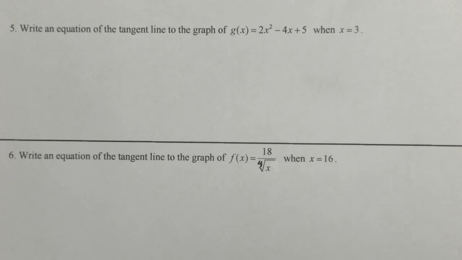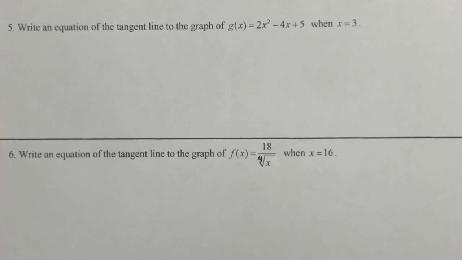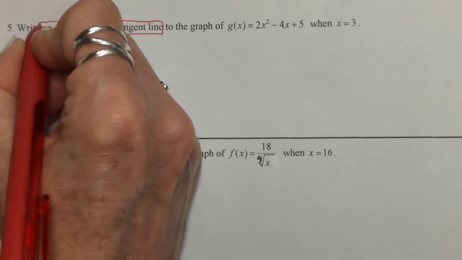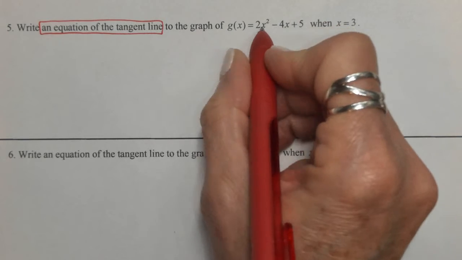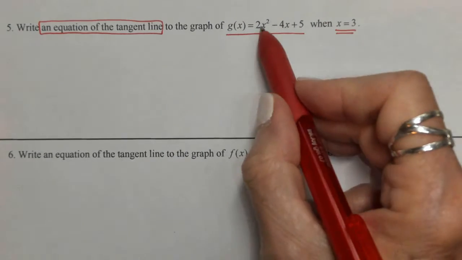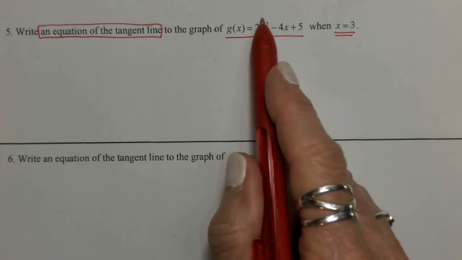Okay, number 5. We are asked to write an equation of the tangent line to the graph of this function when x is 3. So think about that. This is some curve. In fact, I know what this curve looks like.